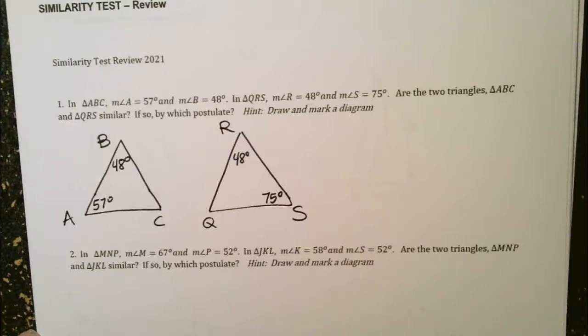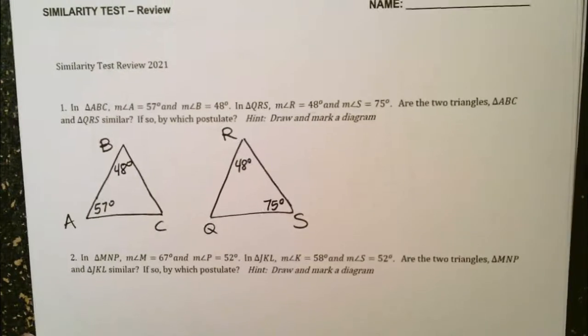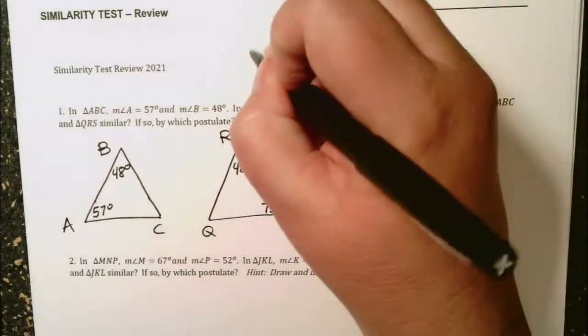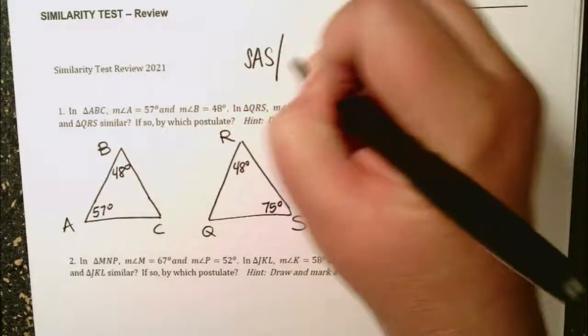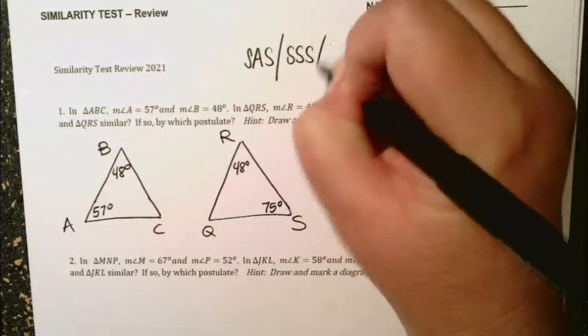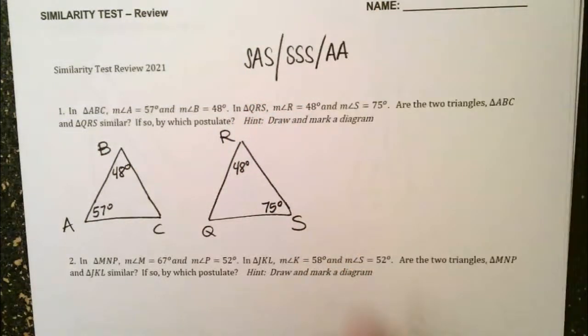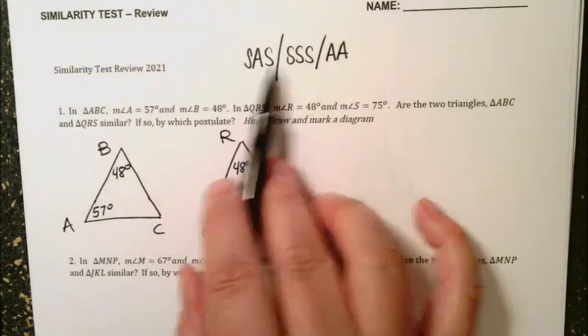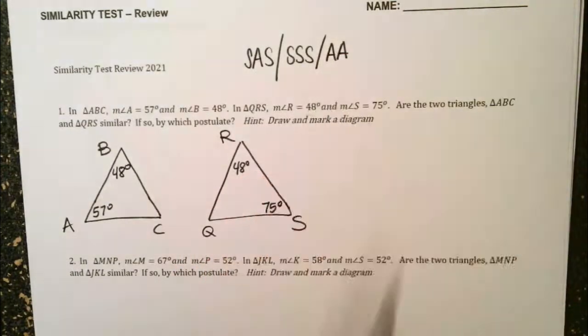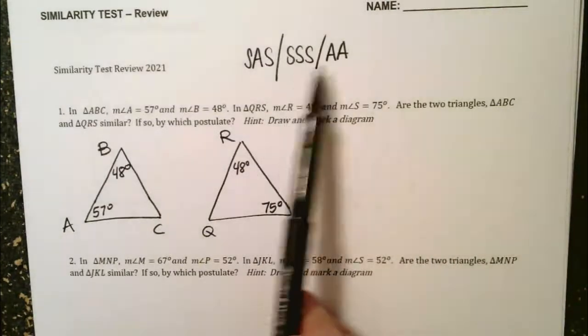If so, by which postulate? Well, there are three similarity postulates. There's SAS, SSS, and AA. If you want to know if two triangles are similar, knowing this information or this information or this information is the only way you can know it unless you knew everything about it. But if you know everything about the triangles, then you do have these as well.